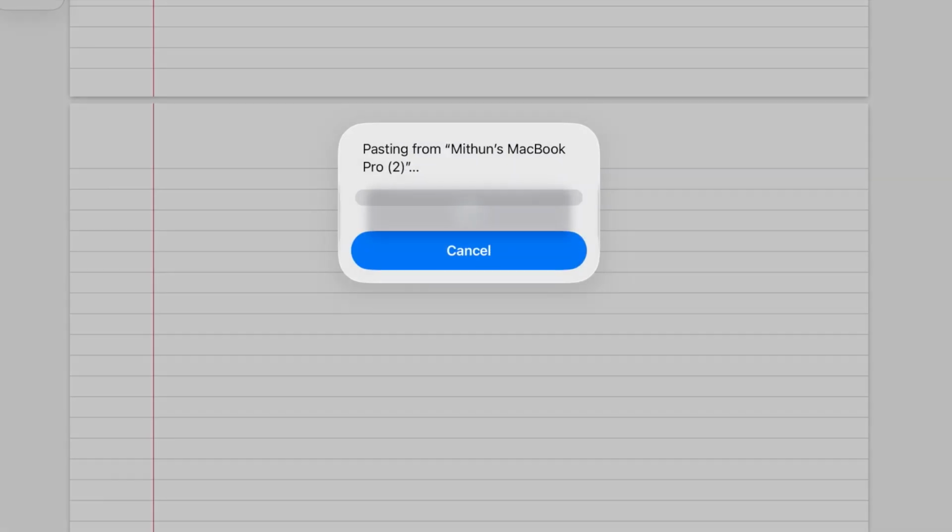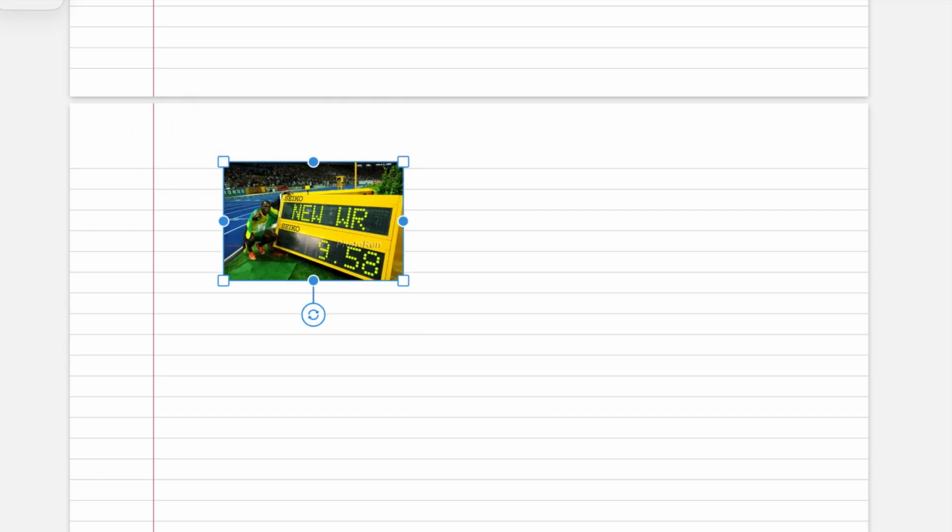Let's actually look at that kind of an example. So I have a photo from the time that Usain Bolt set a record. Let me see if I can bring that in here. Okay.